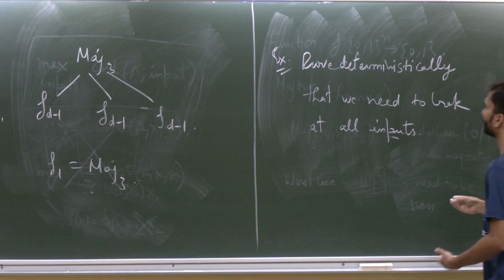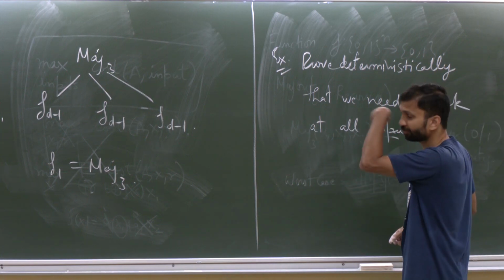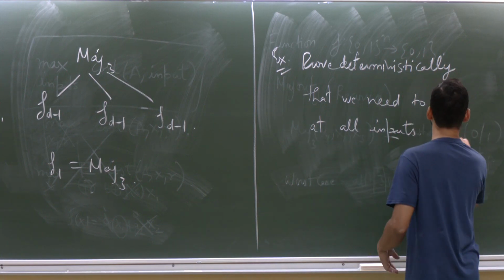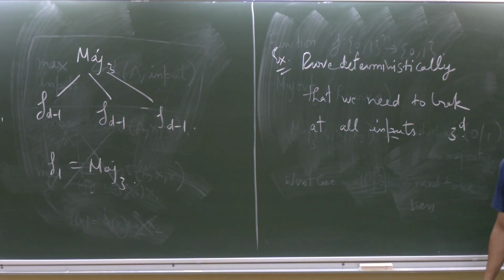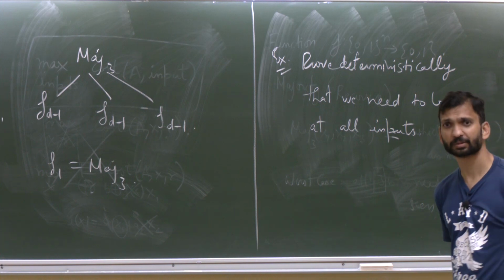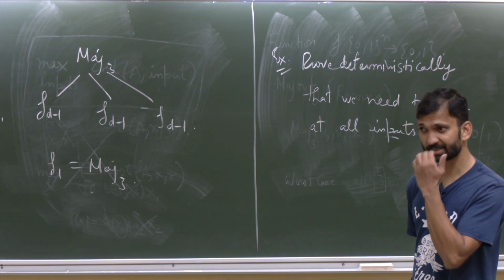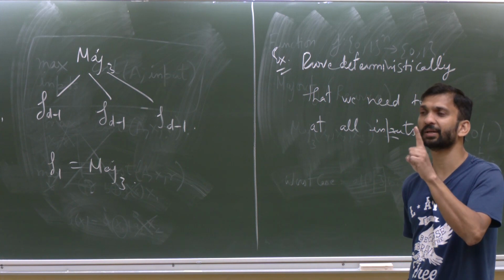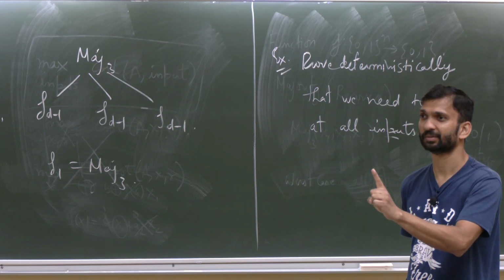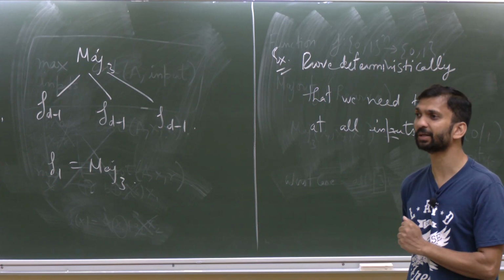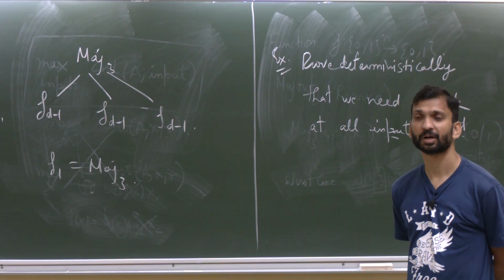So the number of inputs I have to see deterministically is actually 3 to the power d. Prove it. How will you prove it? It's the same point. Suppose you have not queried just one bit. Can you say that the function value is undefined? How?